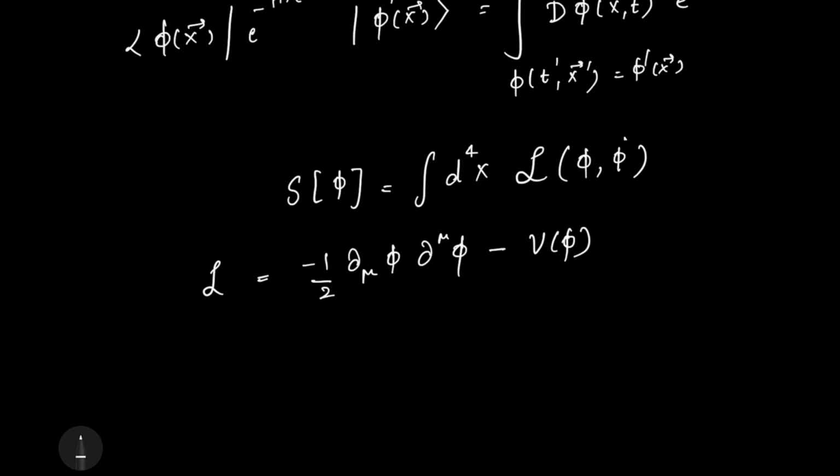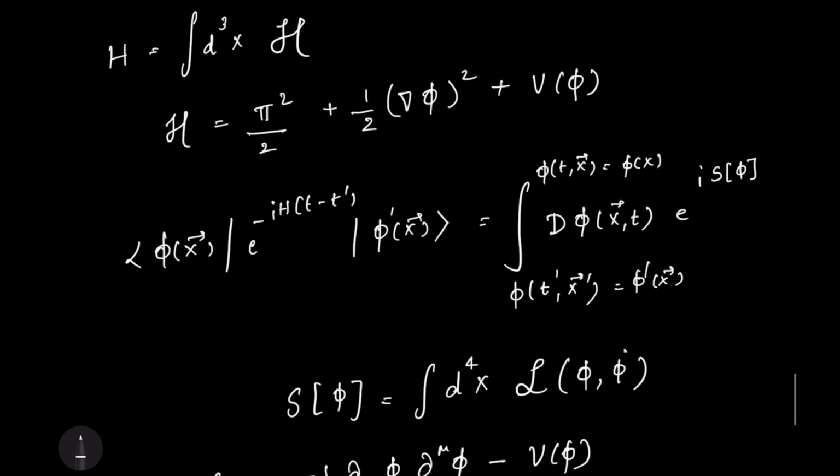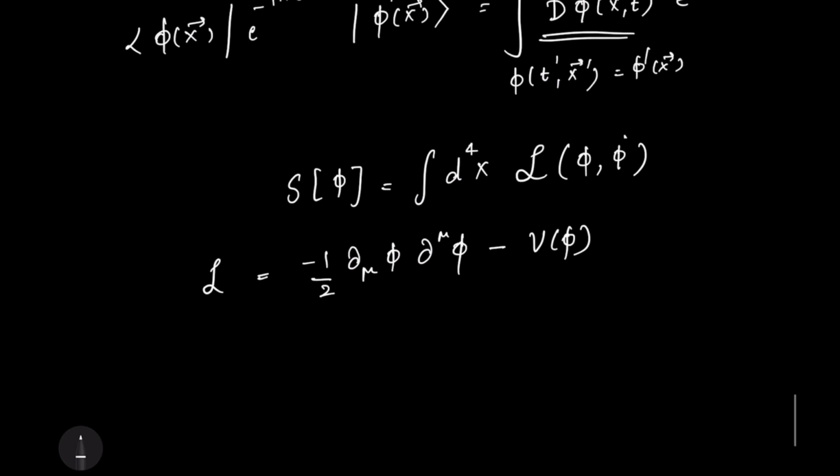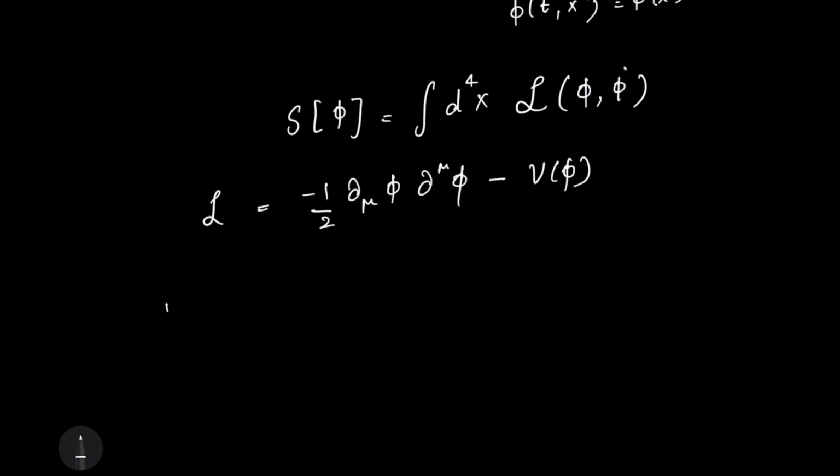Okay, and what does this notation D phi x comma t mean here? So this will be the product over all possible values of x, d phi x of t.